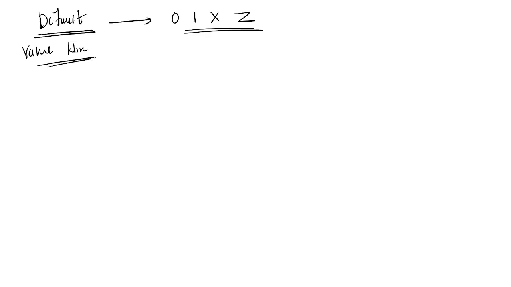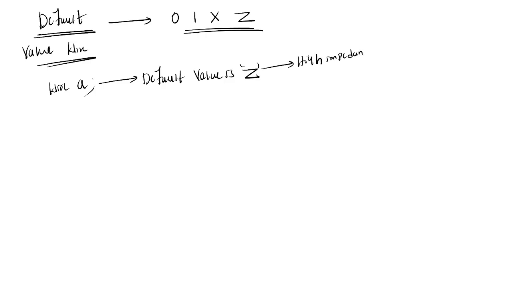This is one of the interview questions they will ask. For wire A, what is the default value? The default value is Z. Z means high impedance. Last class we already saw Z, high impedance, or not connected, just an open circuit.